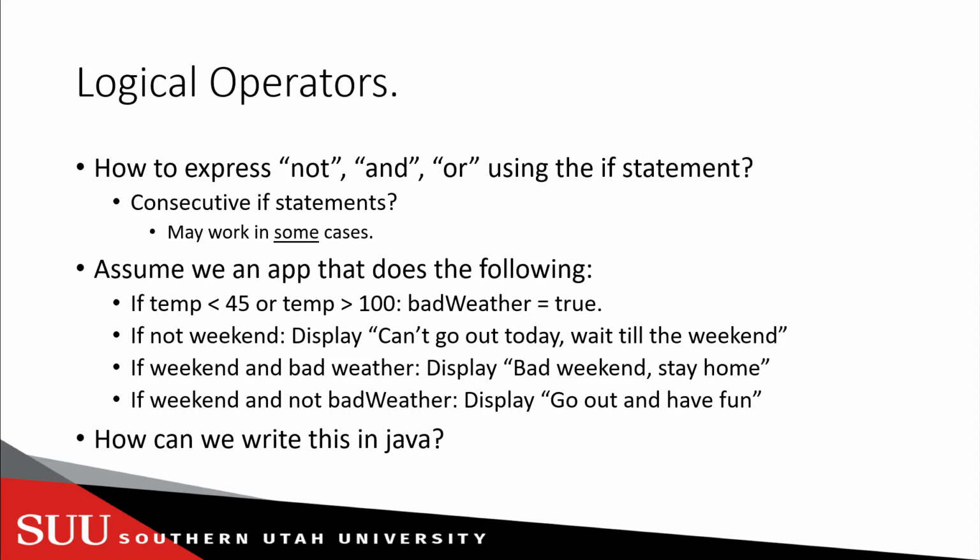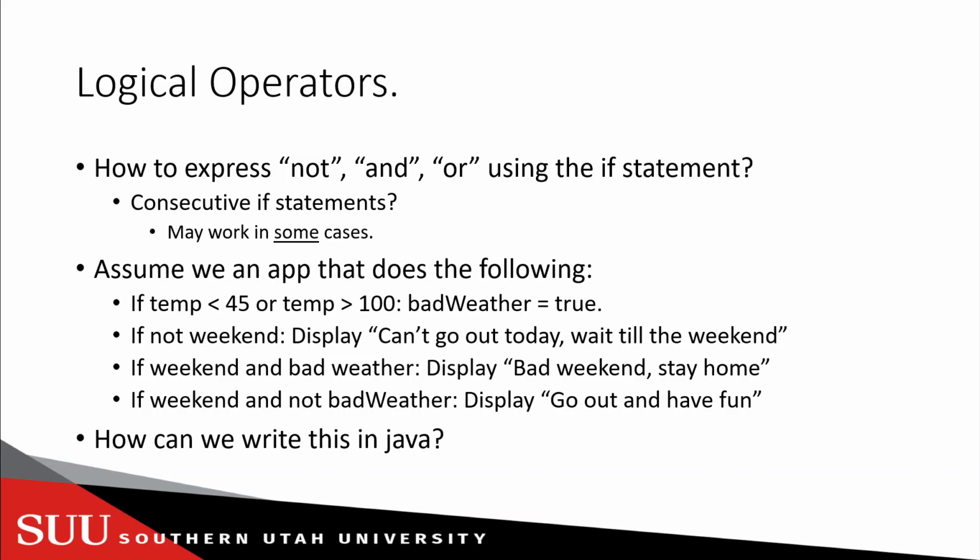So if it's not a weekend, we want to display something that says you cannot go out today, wait until the weekend. Now if it's a weekend and it's bad weather, we want to display something like it's a bad weekend, stay home. Now if it's weekend and the weather is not bad, or the boolean for bad weather is false, we want to display something like go out and have fun.